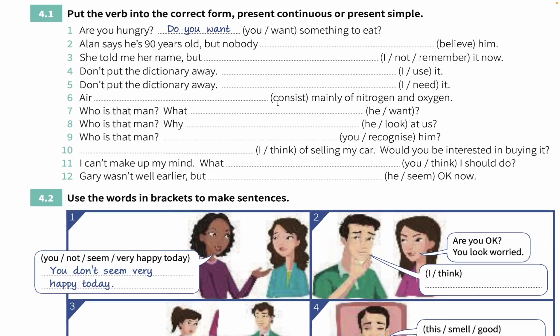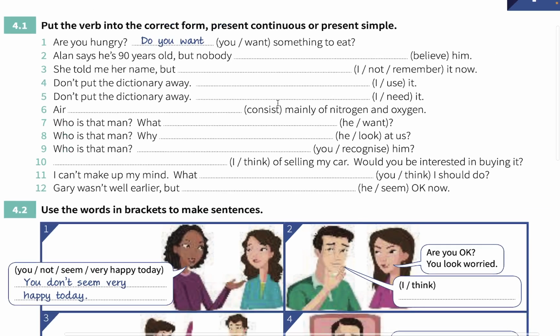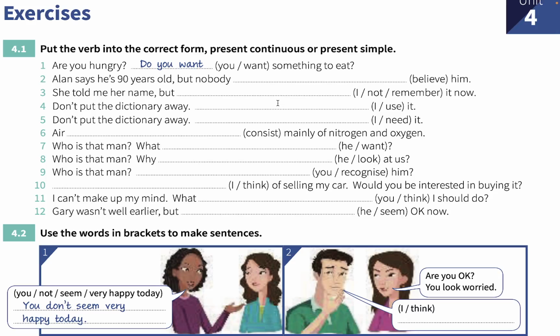Yeah. Okay. Good question. Now we are going to do our favorite thing after learning, which is doing the exercises. Now we're going to do the first exercise, which is 4.1. Same as before, we're putting the verb into the correct form, present continuous or present simple. For example, the first one: are you hungry?